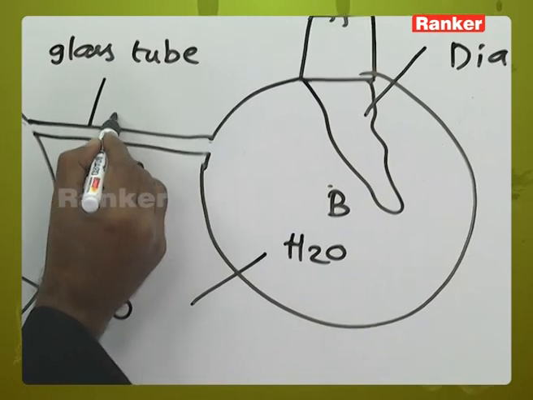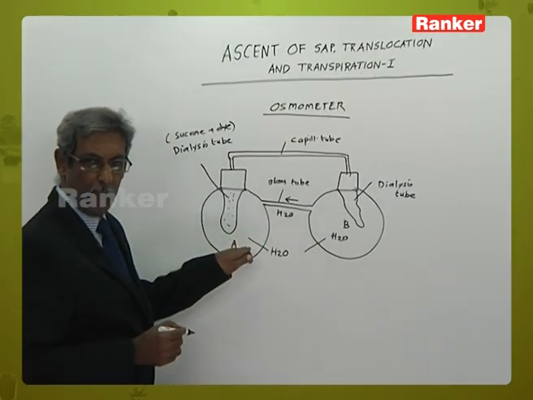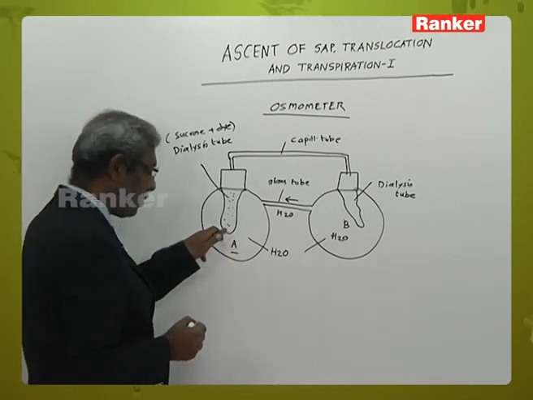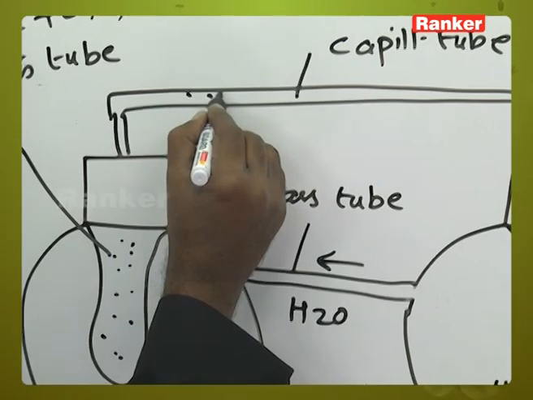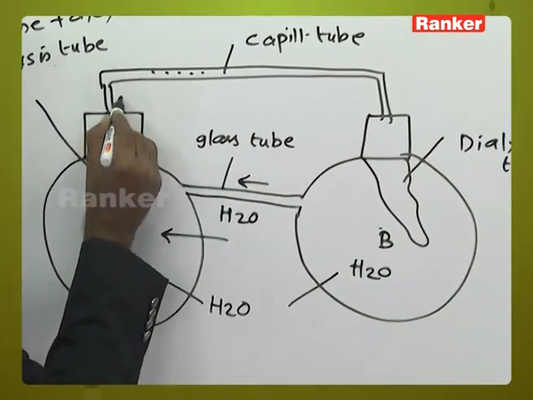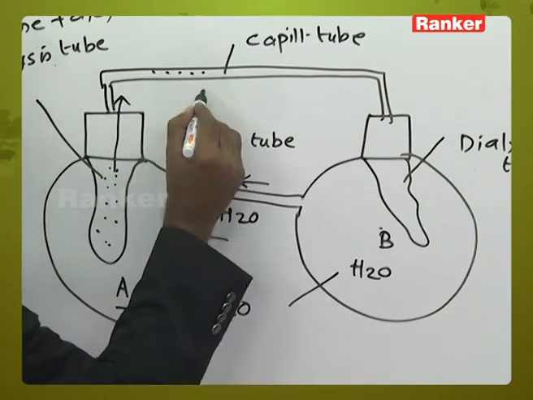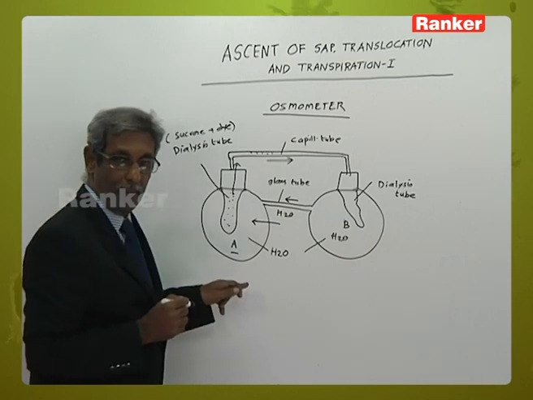From here water enters down here. Once the water enters into A, the sucrose and the dye move upwards into the capillary tube. This is what happens in A.